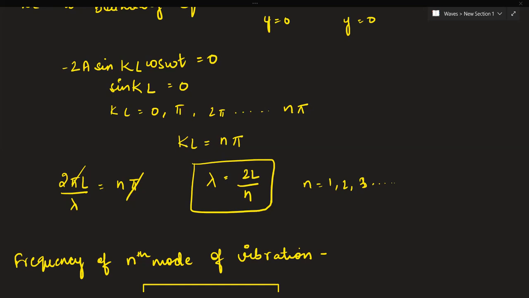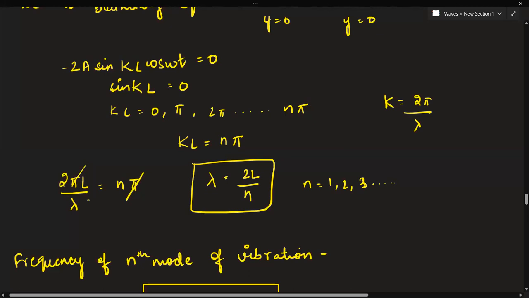Using k equal to 2 pi divided by lambda, pi will get cancelled, and lambda's value will be 2L divided by n. So for the first mode of vibration, I'll have to keep the value of n as 1. So what will be lambda? Lambda will be 2L.